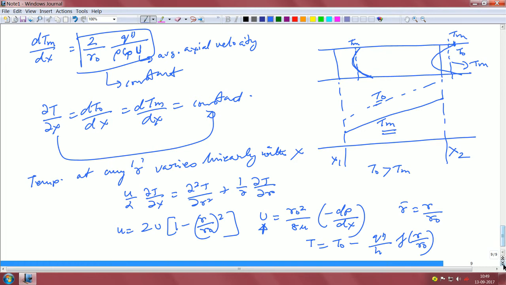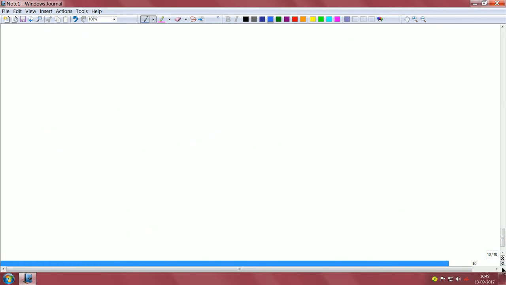Based on these quantities, we can now substitute them back into the energy equation. So, it becomes u times (1 − r̄²) times 2q''/(r0 ρ cp ū). Why can I substitute that? Because dT/dx is the same as dTm/dx, right.